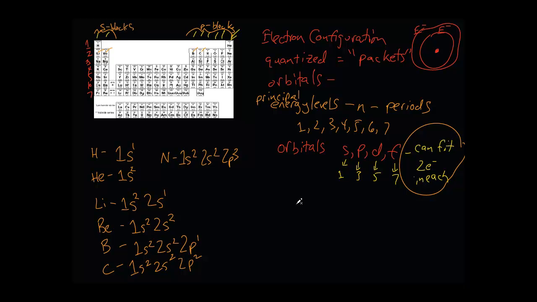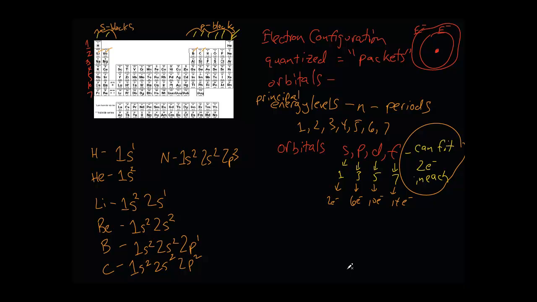And the reason why you're going to continue with 2p3 is because each one of these orbitals can fit 2 electrons. So in total, the s's, you're going to be able to fit 2 electrons. For the p's, you're going to be able to fit 6 electrons. For the d's, you're going to be able to fit 10 electrons. And for the f's, you're going to be able to fit 14 electrons.